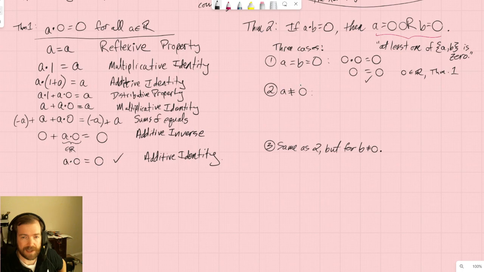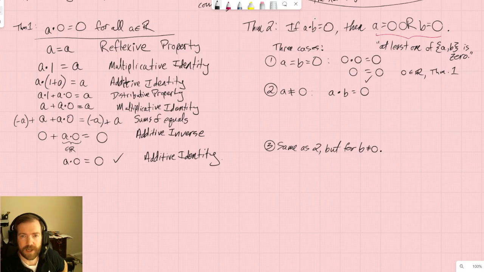Okay, so when A is not equal to 0, this implies that we have A times B equals 0. We can't make any assumptions. You've got to go from basic principles.